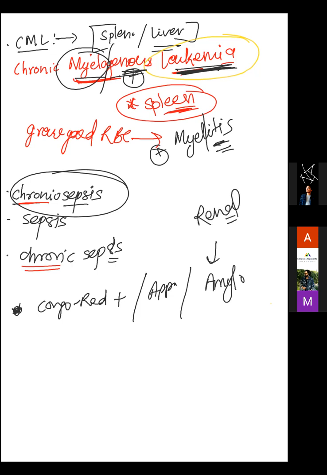So how to remember in pathomorphology, the second thing: if it's Congo red positive, close your eyes and take the answer amyloidosis.